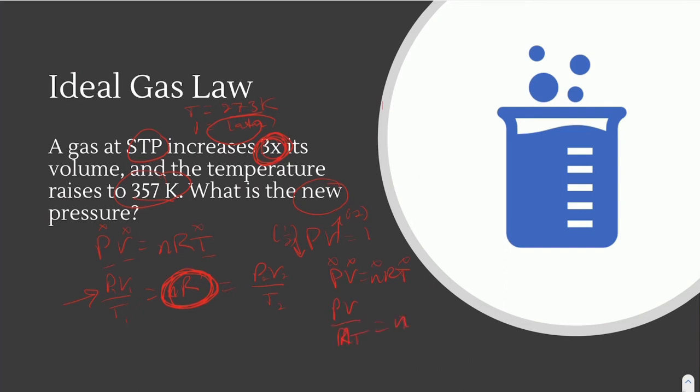Whoops, this is n and this is R. But as long as you can set it equal to some constant, it's going to come out with the ratios and the equations that you need. So let's say it doesn't match one of the laws perfectly, like PV equals PV. It doesn't have to, as long as you know what's changing and you can manipulate this equation and then set it equal to the constants and then the second condition, okay?